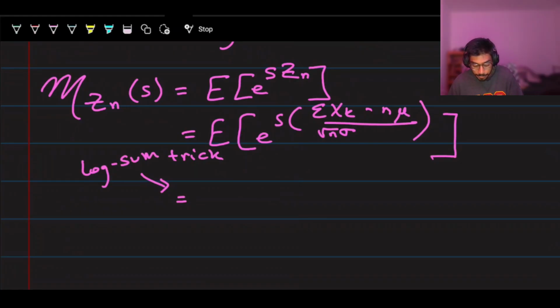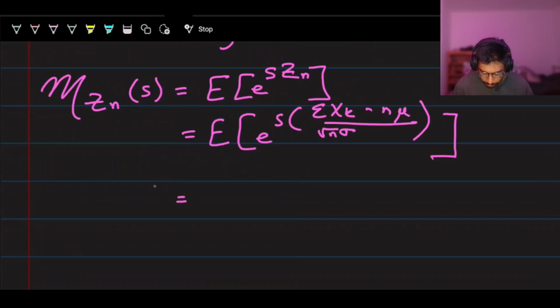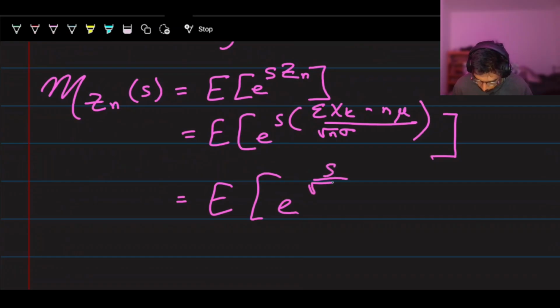But first, before we invoke this trick, let's clean this up: s over root n sigma times the sum from k equals 1 to n of xk minus mu.